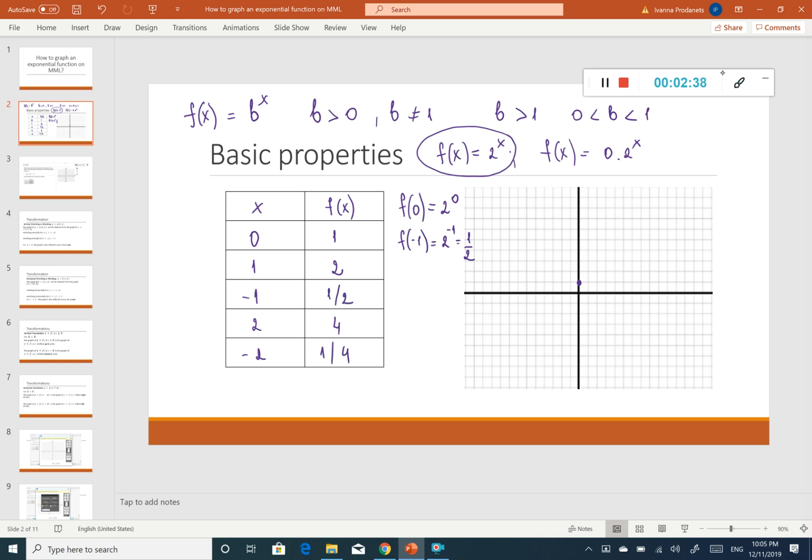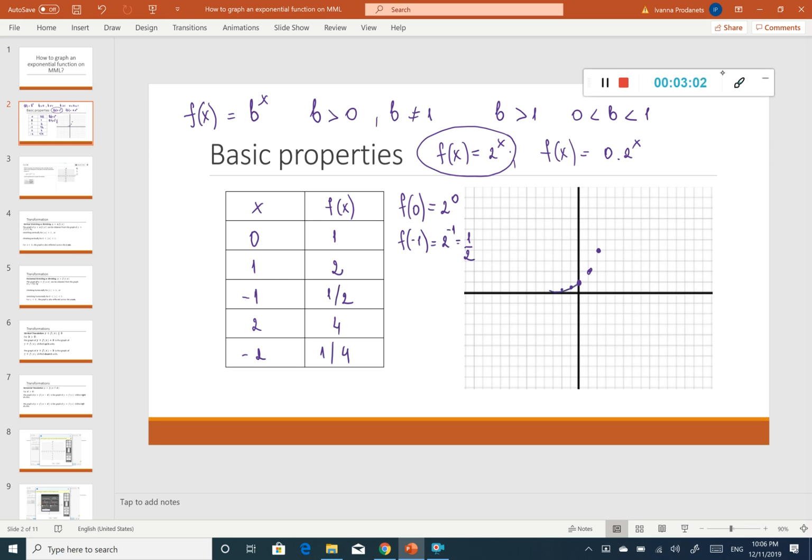I can graph these coordinates: for the first coordinate I have 0, 1. The second coordinate will be 1 and 2. The third one will be -1 and 1/2. 2 and 4 will be in here, and -2 and 1/4 will be somewhere there.